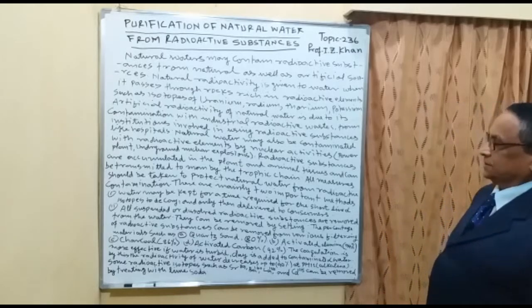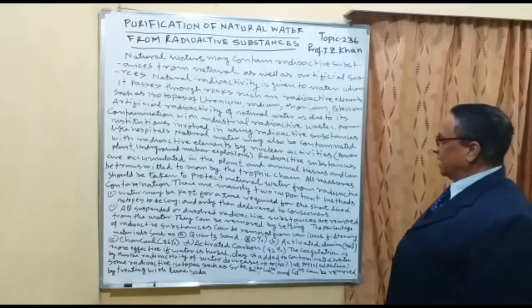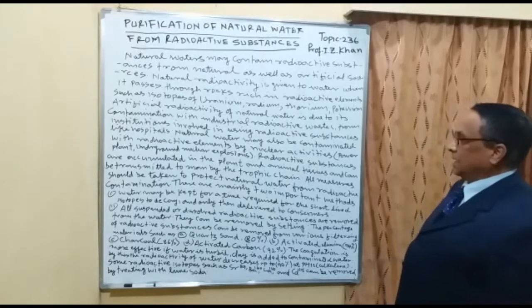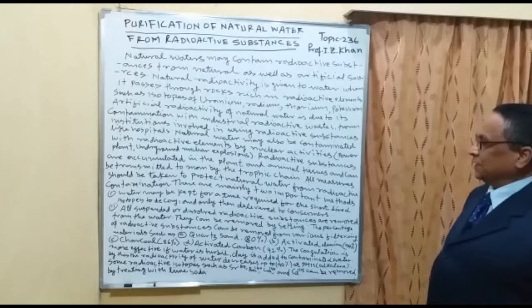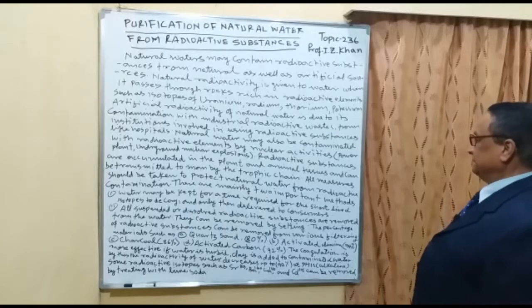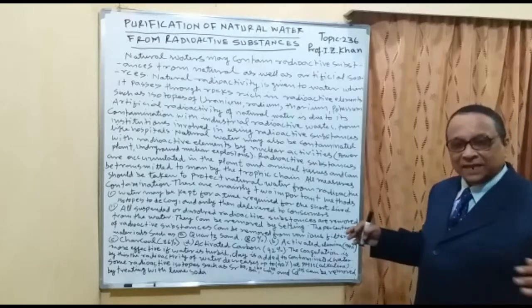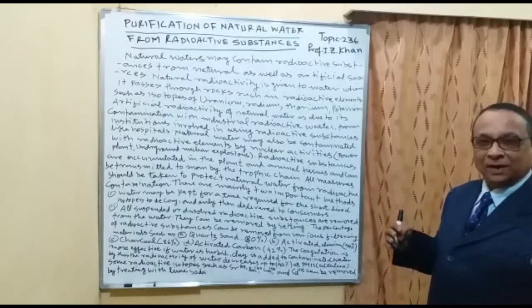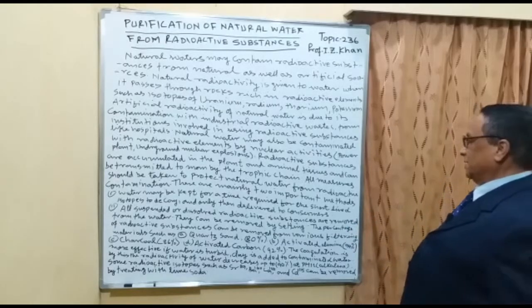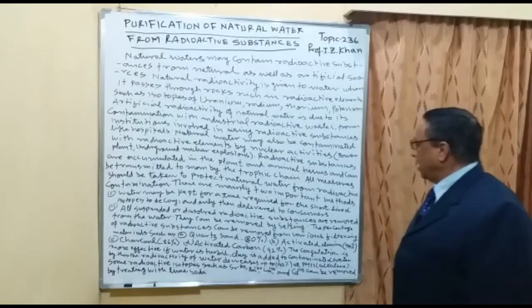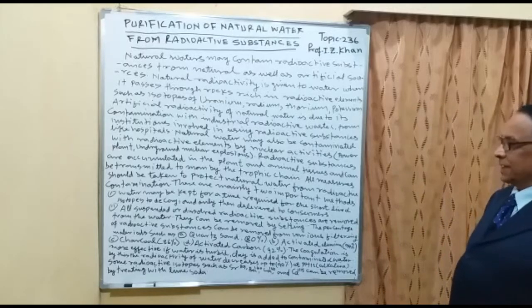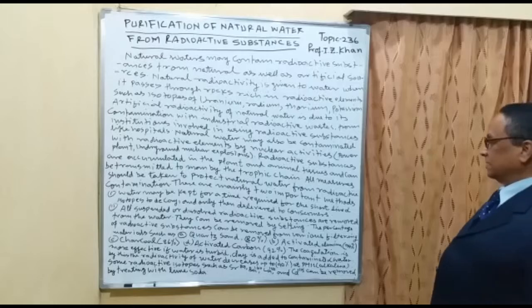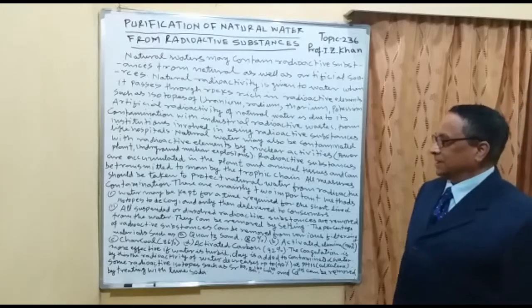Radioactive substances are accumulated in plant and animal tissues and can be transmitted to man by the trophic chain. So the trophic chain is responsible, it goes one by one, and human beings get contaminated. All measures should be taken to protect natural water from radioactive contamination.